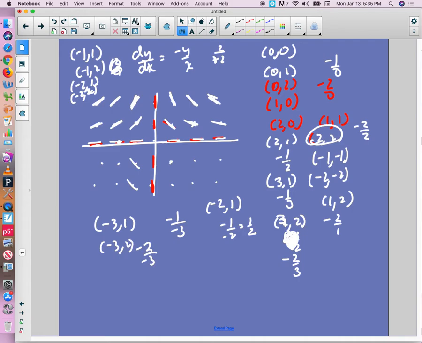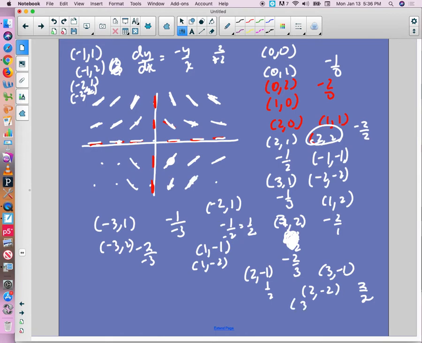Okay, now I'm at (1, -1), and that would give me 1. (1, -2), be careful, would give me 2. Sorry, I hadn't found that one yet. (2, -1) will give me 1/2. And (3, -1) will give me 1/3. (2, -2) would give me negative y over x, which is 1.